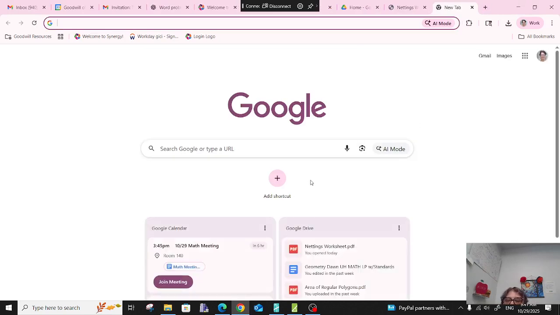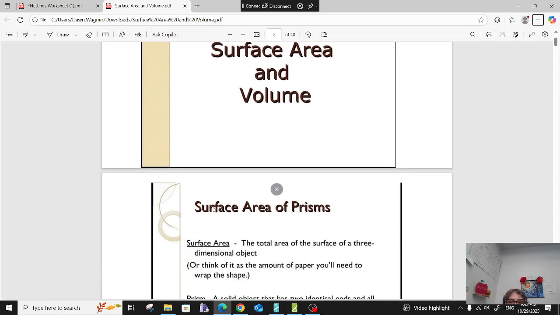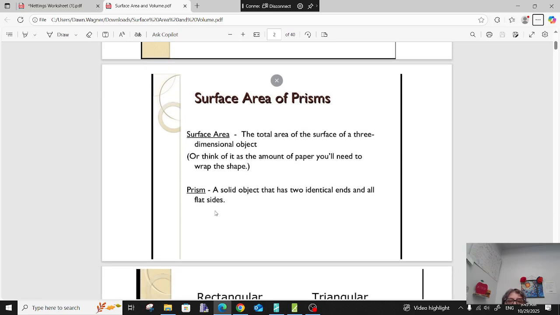This is going to be surface area and volume, so we're only going to go through half of this today, and then we will do our volume. Okay? So, surface area.